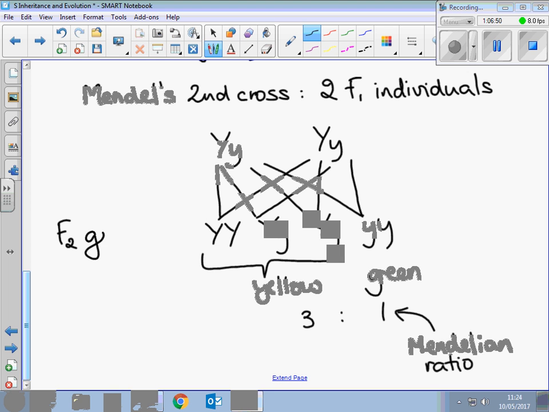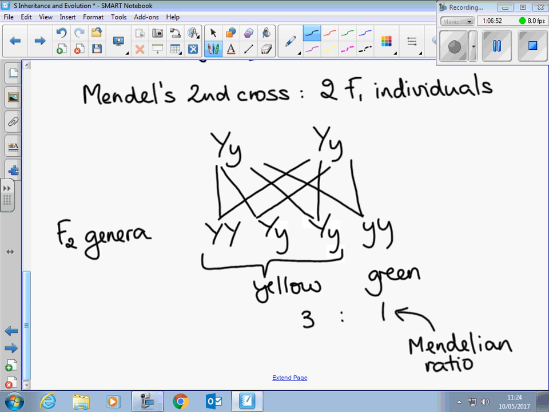I had a feeling I'd gone through this too quick. And then we get from this the Mendelian ratio, that if you cross two individuals who are heterozygous, you will get a 3-to-1 prediction of phenotypes. 3 showing the dominant characteristic, 1 showing the recessive.